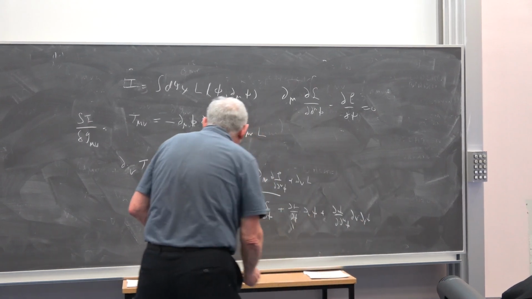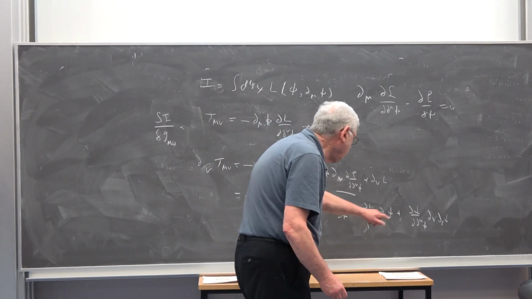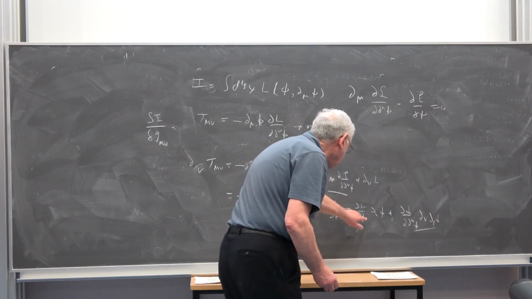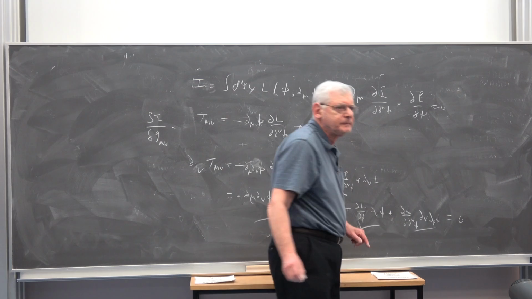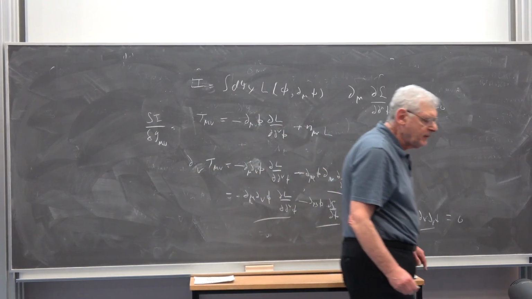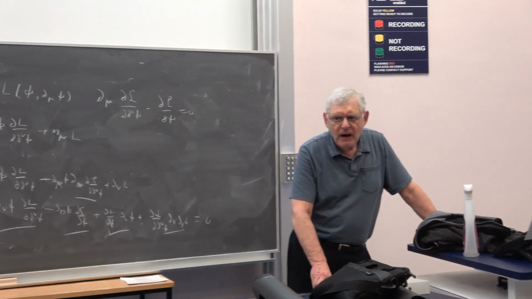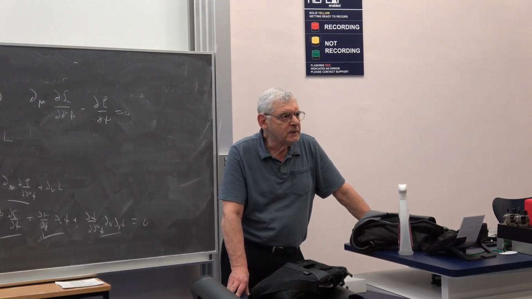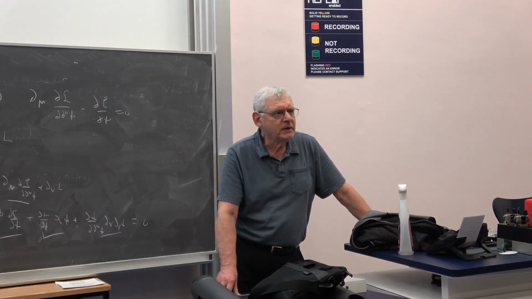And if I didn't make a mistake, the ∂L/∂(∂_νφ) ∂_μ∂_νφ terms cancel, and the ∂L/∂φ ∂_νφ terms cancel, and that one is 0. So what we discover is the energy momentum tensor defined as the variation of the action with respect to the metric is conserved in the solution to the equation of motion.